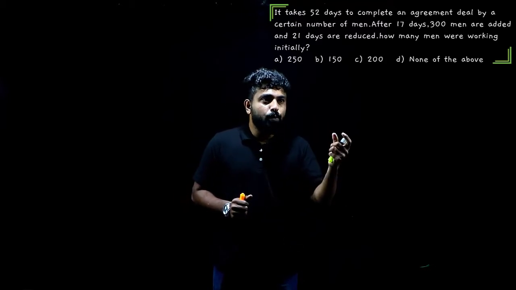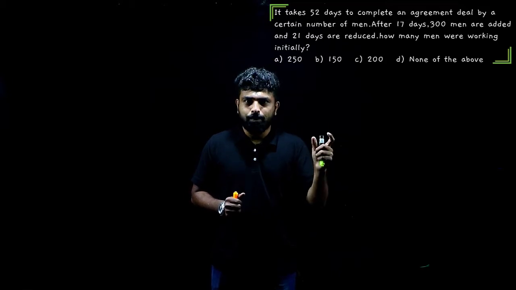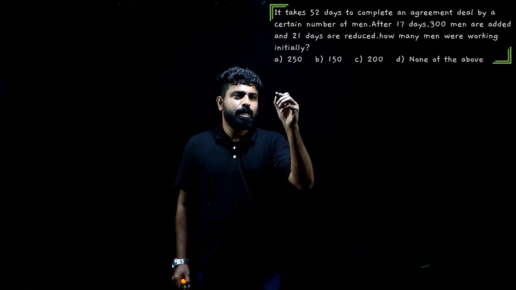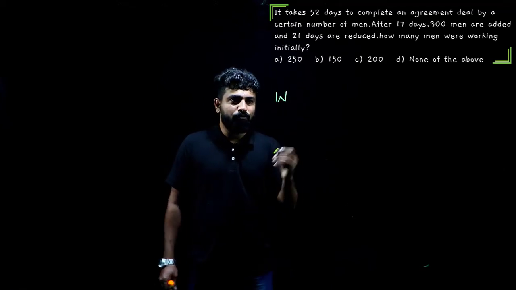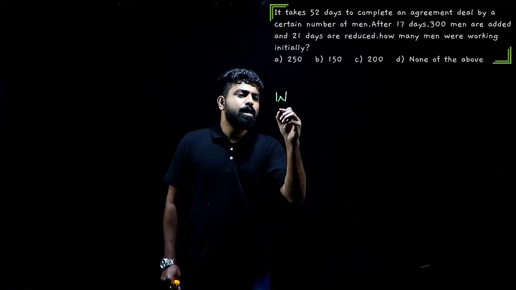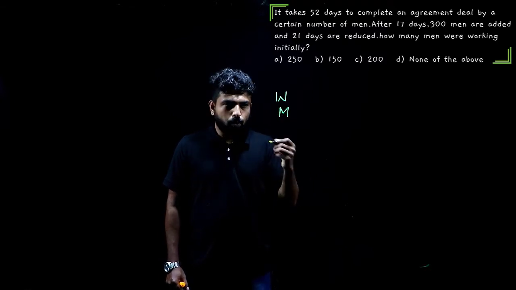So how many men were working initially? This question is based on time and work. Here what have they given? They've told that some work W was finished by a certain number of men. I don't know how many men were there, so I'll be assuming M number of men to be there initially. Now what did they tell?